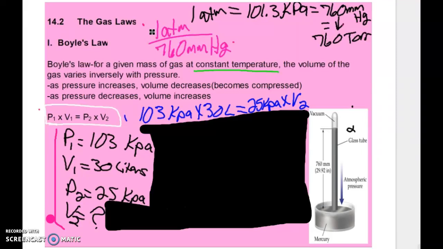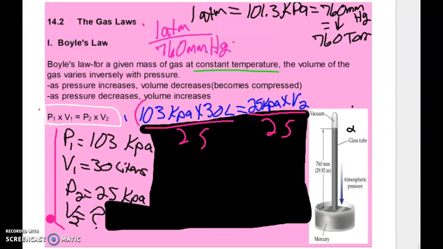So we want to get volume 2 by itself. If you remember simple algebraic manipulation, we really just need to divide both sides by 25.